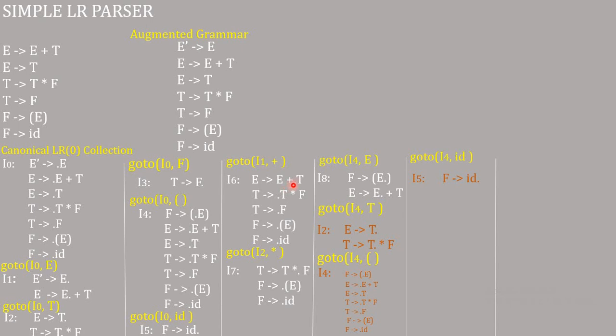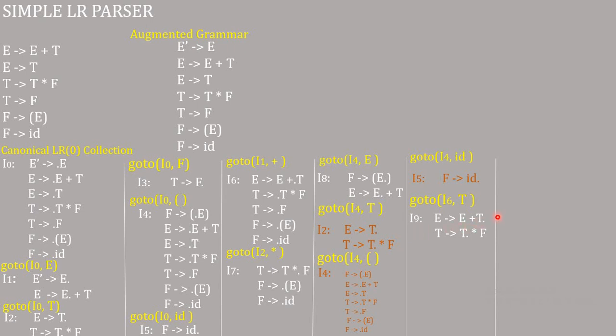In I6 we can move the dot symbol after T, so we have to define goto of I6 comma T. Once we define it, the dot symbol will be moved from this position to this position, so E tends to E plus T dot. The next rule is T tends to T dot star F. It is a new set, so let us give the name I9.